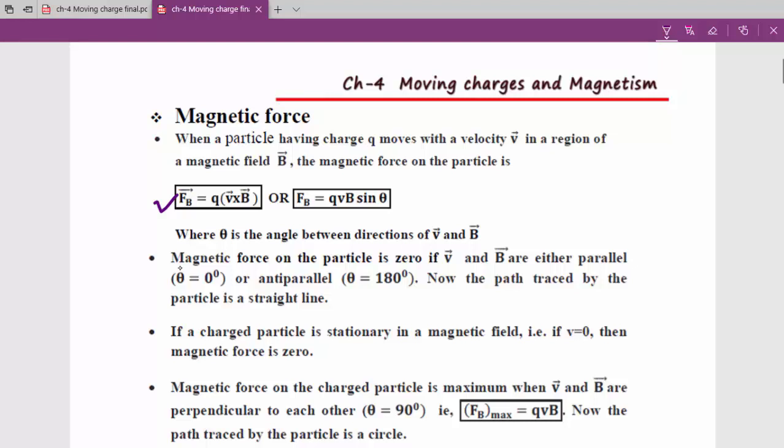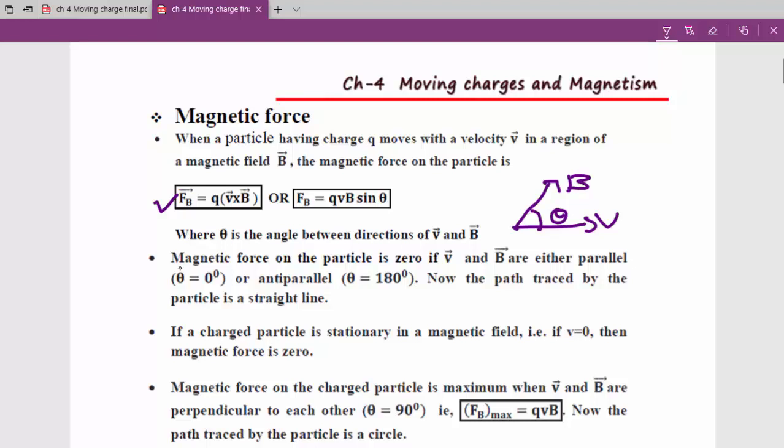And theta is what? Theta is the angle between the velocity and the magnetic field. See here, this is v, this is B, and this is theta. Okay, this is the force experienced by the moving charged particle placed in magnetic field.